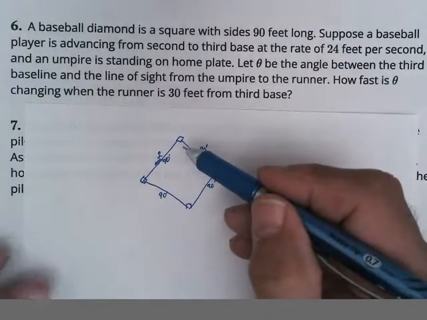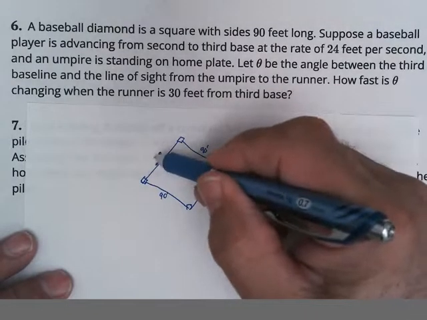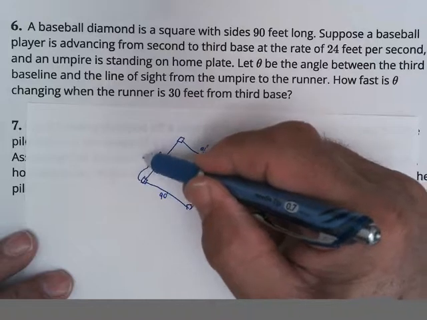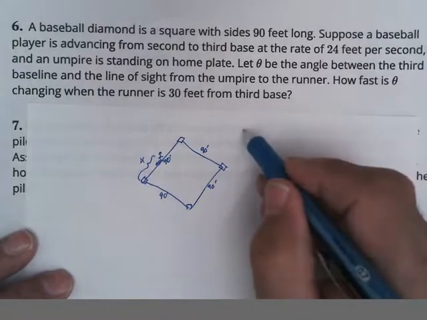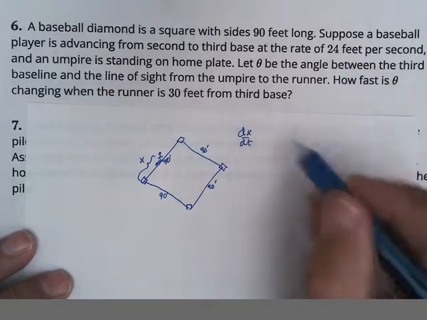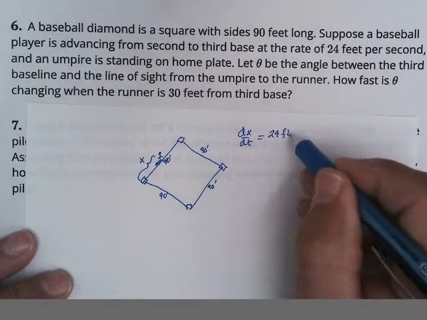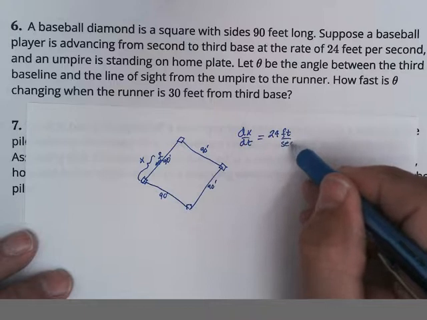I'm going to call this the distance left to run, X, and so I'd have dx/dt running down the line at 24 feet per second.